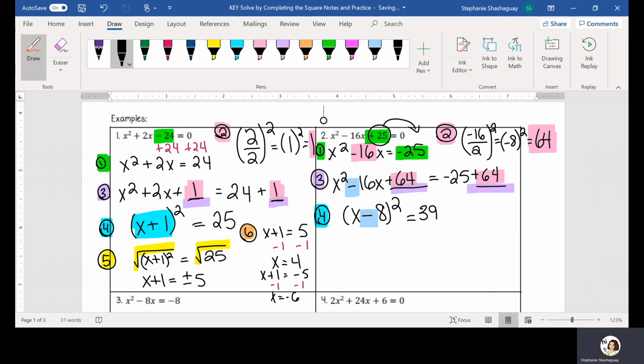Okay, now we can move on to step number 5. So we're going to take the square root of x minus 8 squared, just like we did yesterday when we were solving by square roots, and that's going to equal the square root of 39.